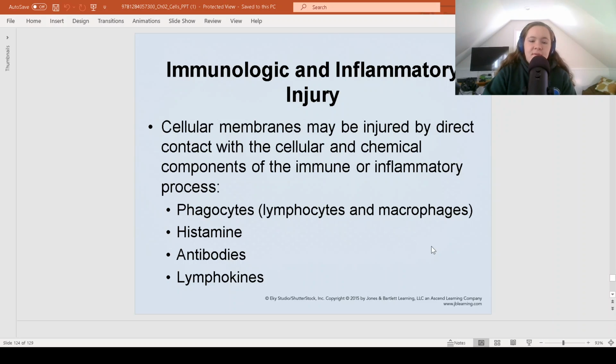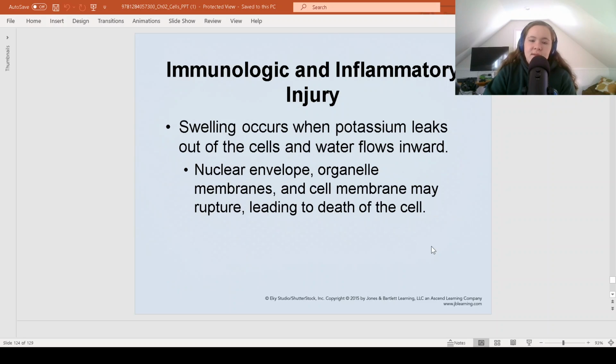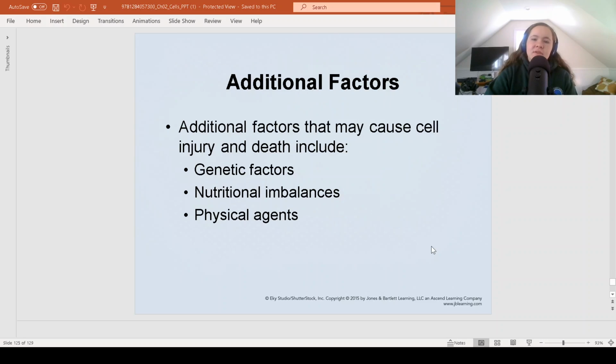So, phagocytes, which are lymphocytes or macrophages, histamine, antibodies, and lymphokines. Swelling occurs when potassium leaks out of the cell and water flows inwards. The nuclear envelope, organelle membranes, and cell membranes may rupture, leading to death of the cell.